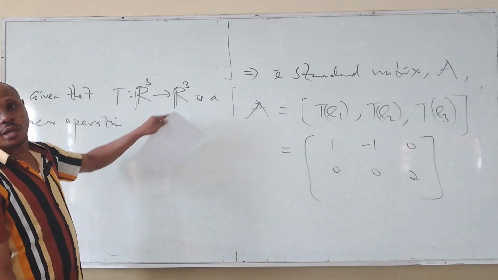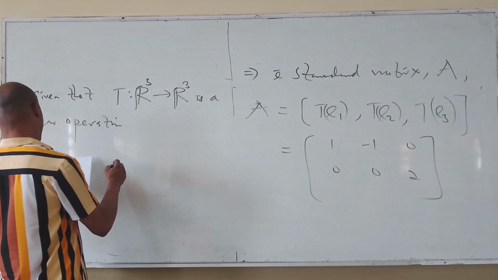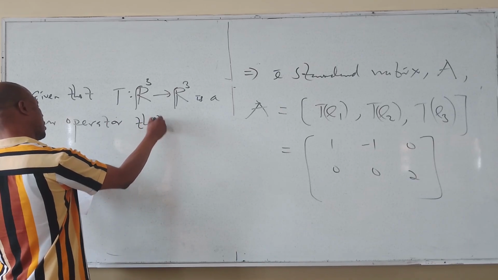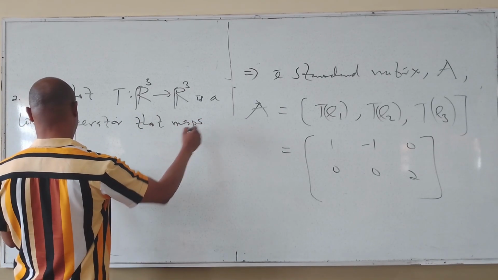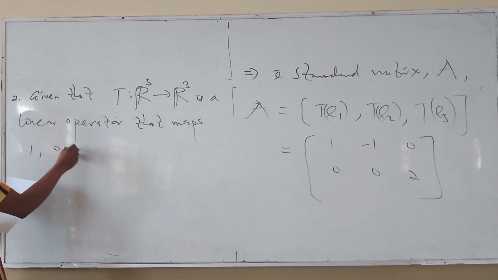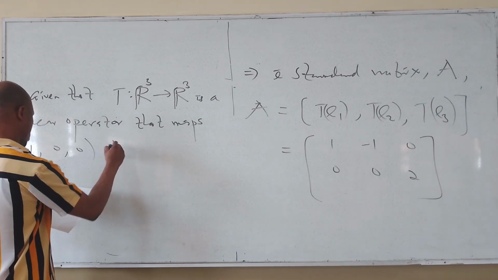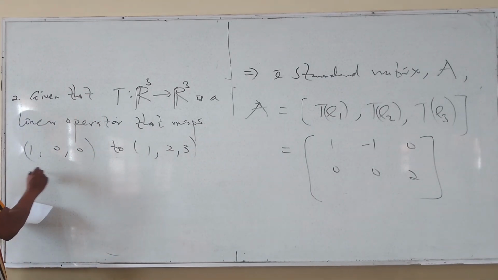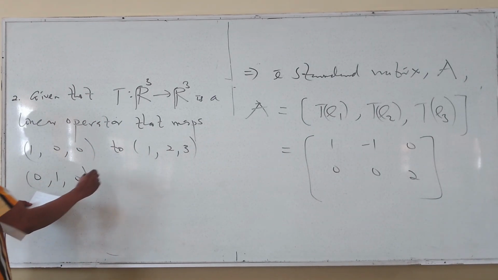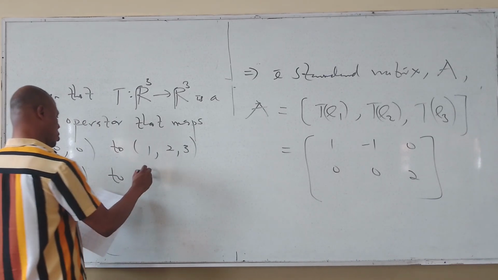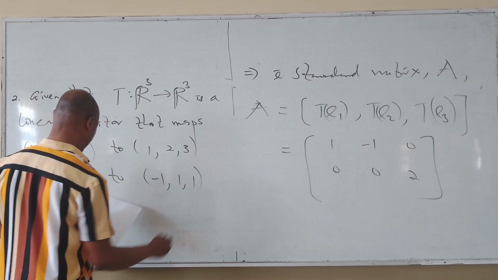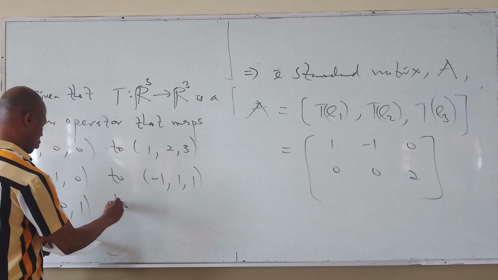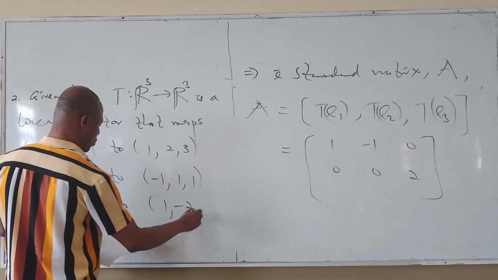Call it a linear operator that maps 1, 0, 0 to 2, 1, 2, 3; 0, 1, 0 to 2, negative 1, 1, 1; and 0, 0, 1 to 2, 1, negative 2, 0.